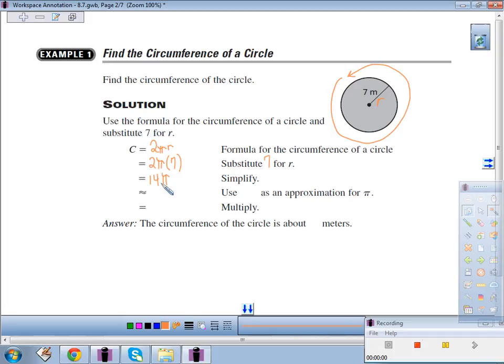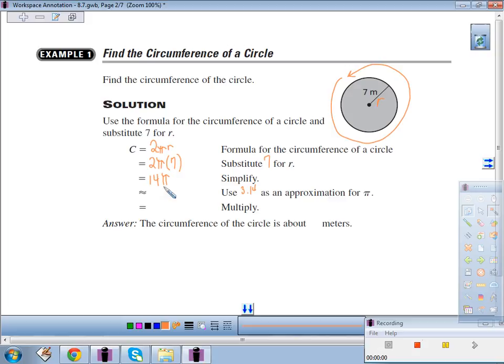Pi is an irrational number, so we use this symbol to represent that lengthy number that is irrational. And now we can use 3.14 as an approximation for pi. If you look at the back of my classroom, you'll see that long number that represents pi, and it goes on infinitely, and it has no pattern.